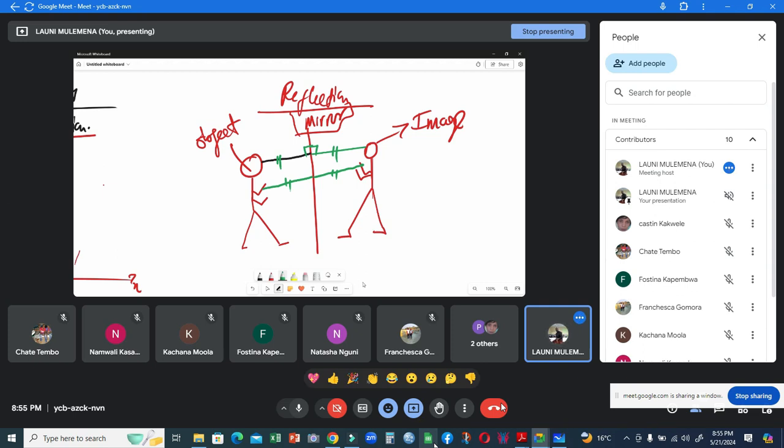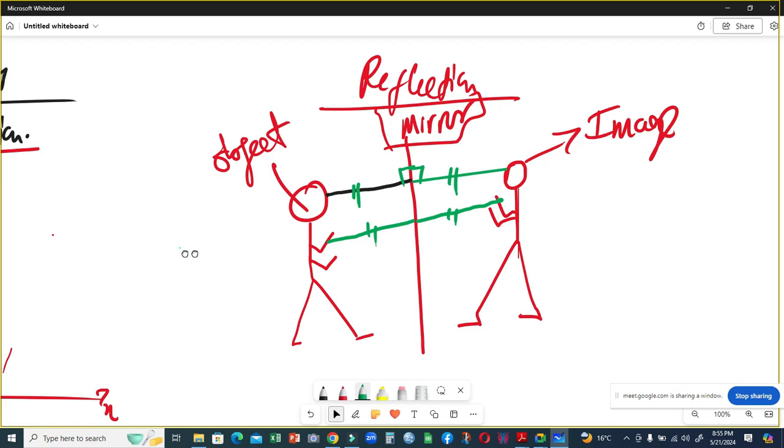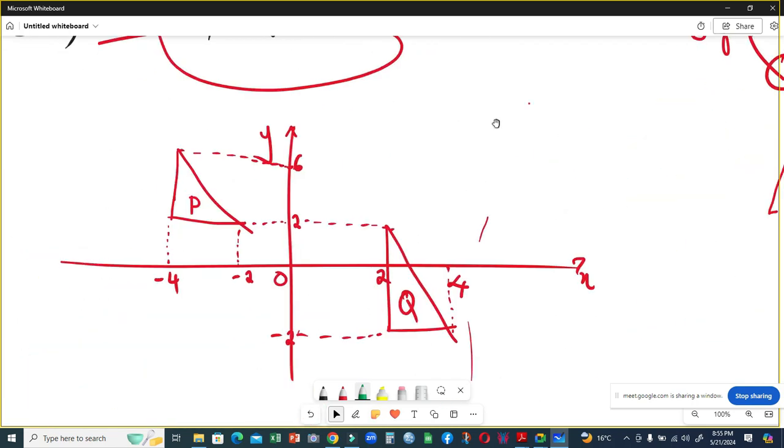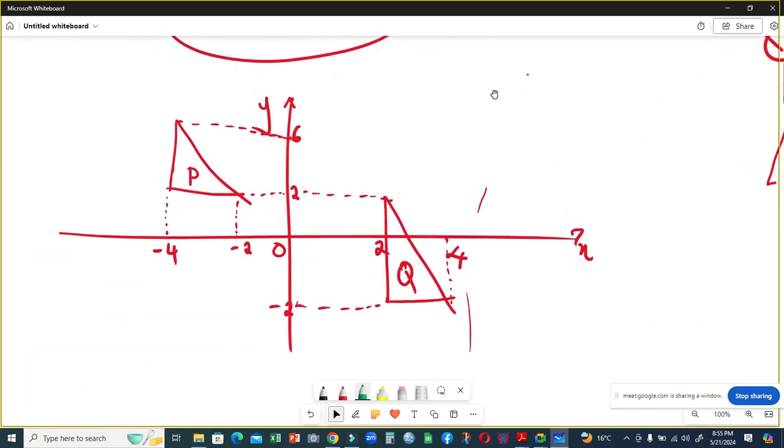So now, if we go back to our question, we have P and Q. P is an object. Q is the image. Now my question is, these two shapes P and Q, are they facing each other?